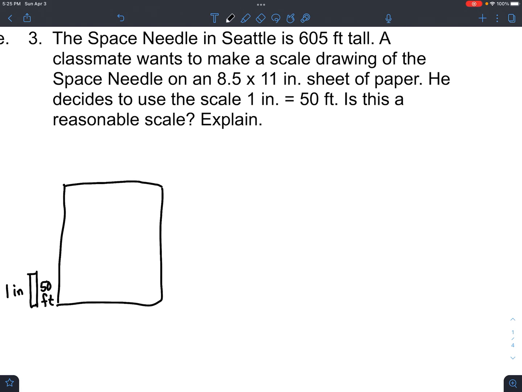If we're making a picture, everything's probably pretty reasonable as long as it fits on the page. So I want to figure out if this scale of going from 1 inch to 50 feet is reasonable if the Space Needle is 605 feet tall.